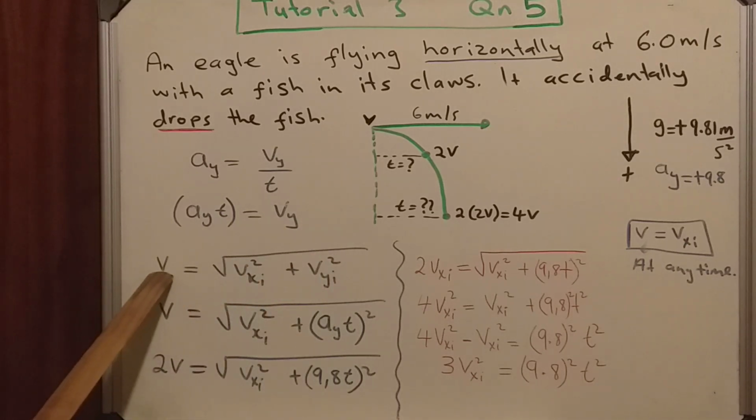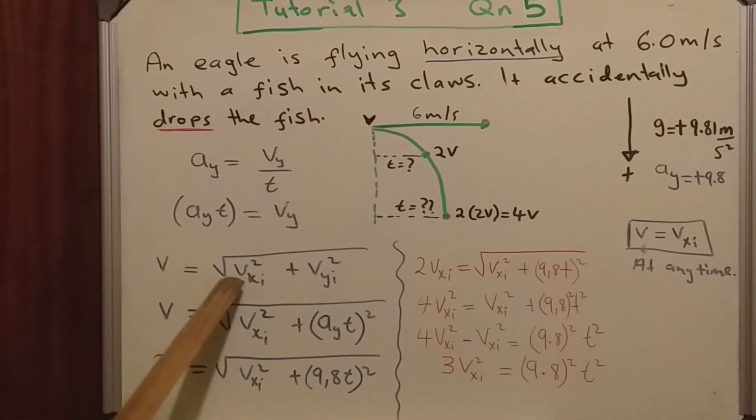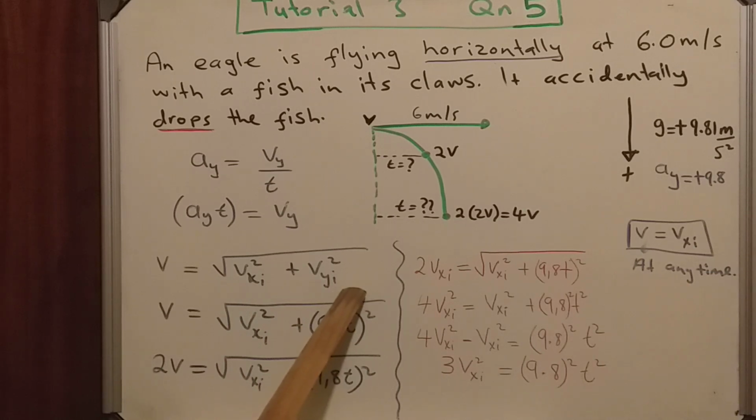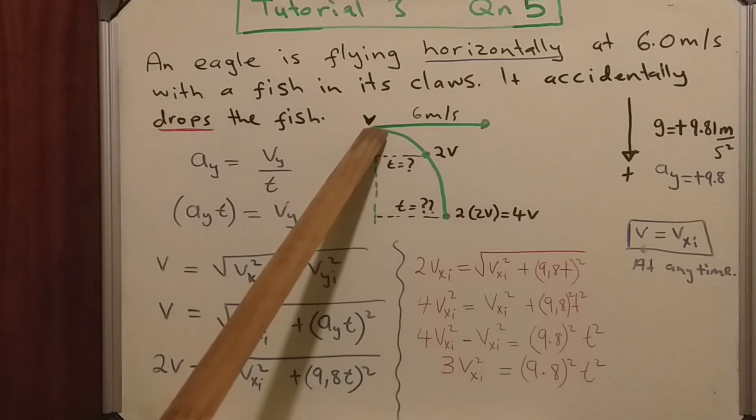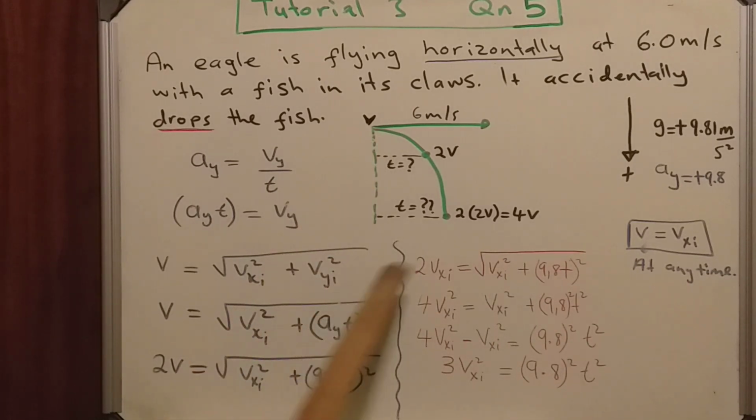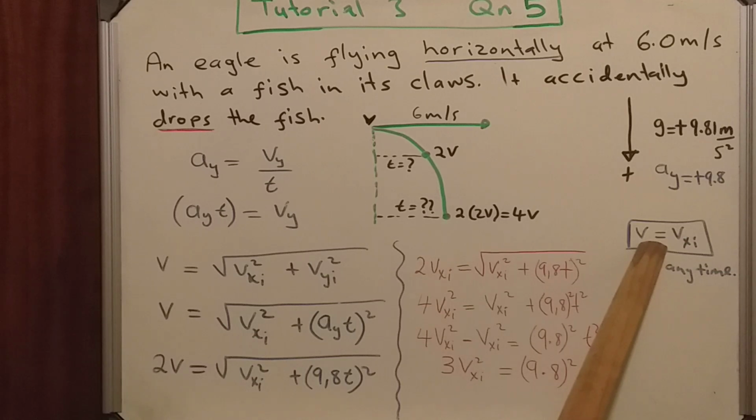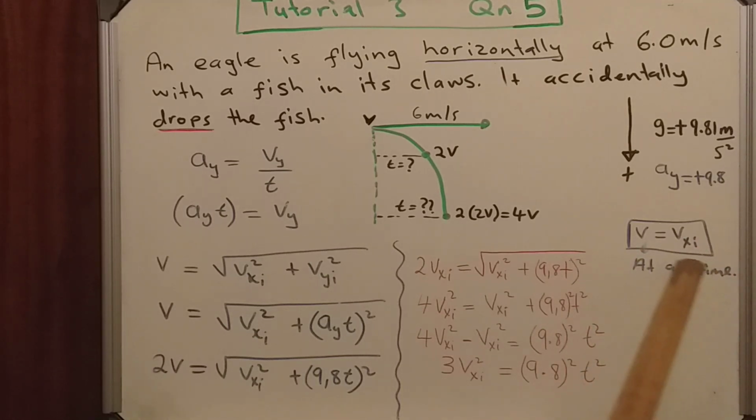So we know our speed of the fish, v, is from the sum of the components. Initially the y component was 0 because sine 0 is 0. That's why we ended with v equal to Vxi, which means at the start the speed of the fish is equal to the x component.